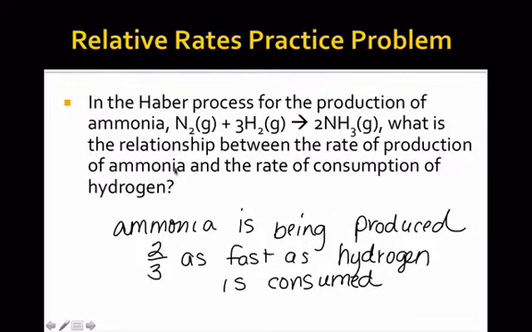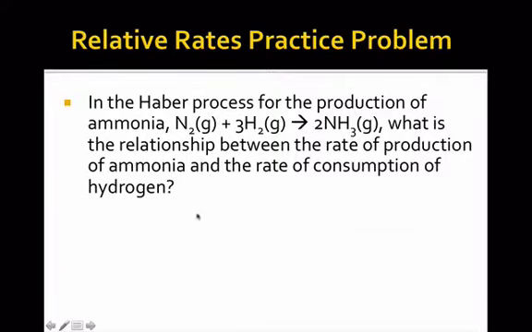So in relationship to ammonia versus hydrogen, the ammonia is being produced 2/3 as fast as hydrogen is consumed. If we look in relationship of nitrogen to ammonia, the ammonia is being produced twice as fast as the nitrogen is being consumed. So again, just looking at the ratio of the coefficients helps us determine the relationship between the rates of production and consumption.